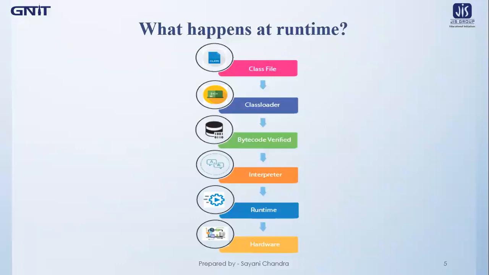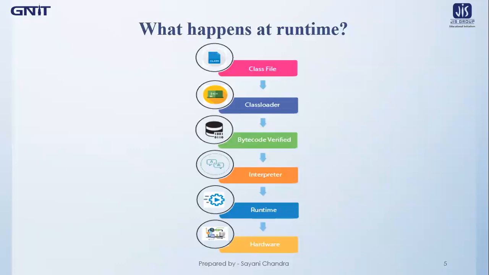Now you can see the steps that are followed at runtime. The first one is the class file. I have already told you that the class file contains the bytecode. Now this picture shows you what actually happens when the JVM takes the class file data and how it converts it into the output.